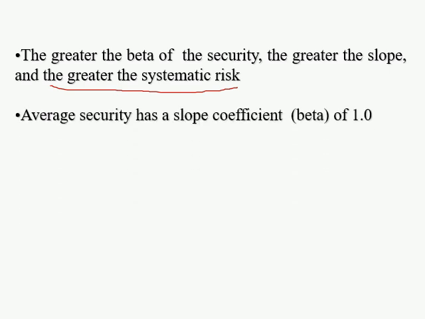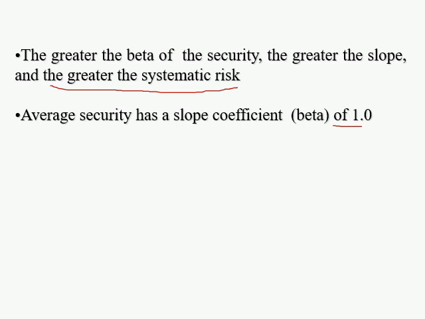The average security has a slope coefficient beta of 1. The average of the securities that exist inside my market, the average slope coefficient beta, will be equal to 1. Why?